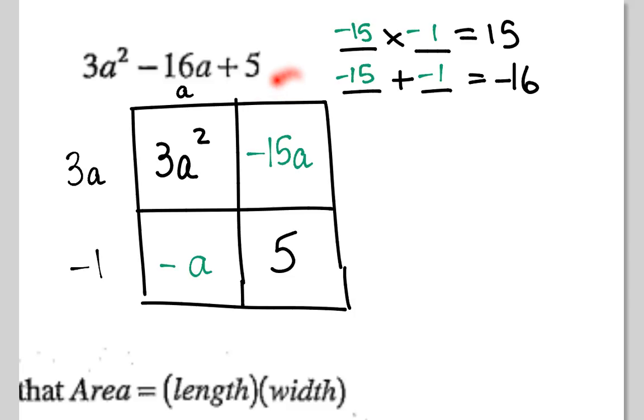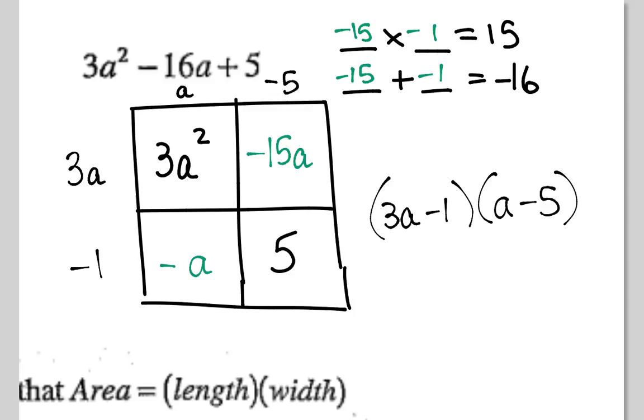What goes here? You got to get to 15. You're starting at 3. What times 3 gives you 15? Yeah. Negative 5. Now just to double check the last corner, positive 5. Does it make sense? Negative 5 times negative 1 is positive 5? Okay, so then the factors are 3a minus 1 and a minus 5.